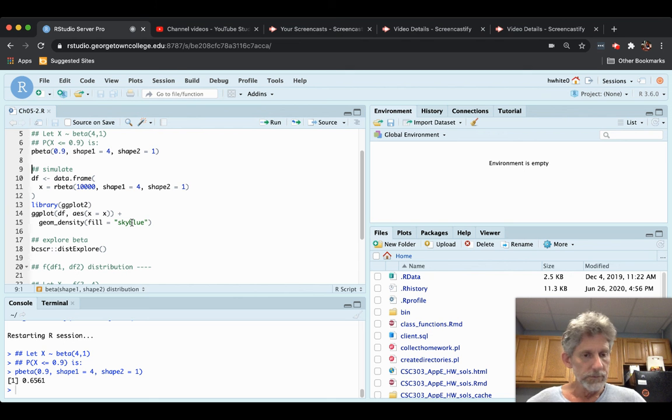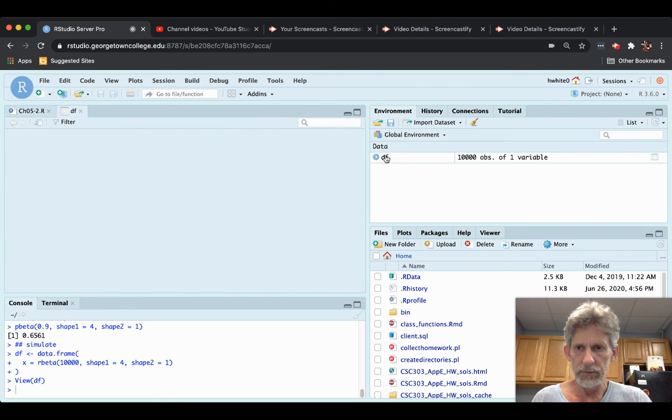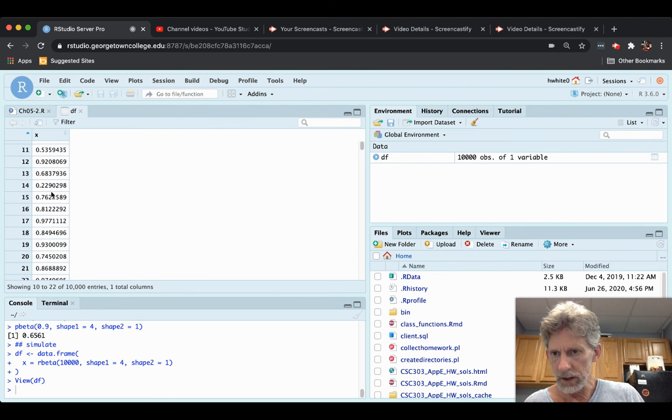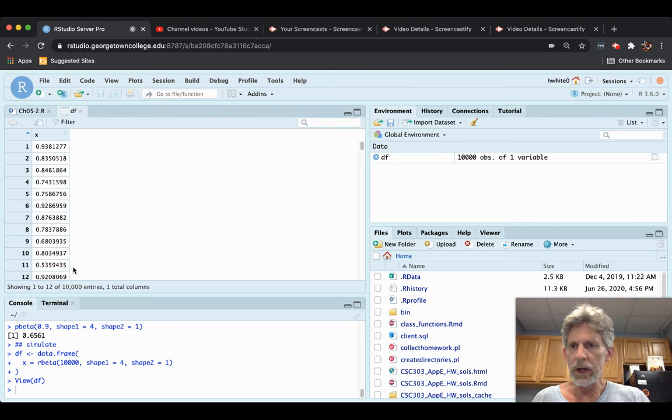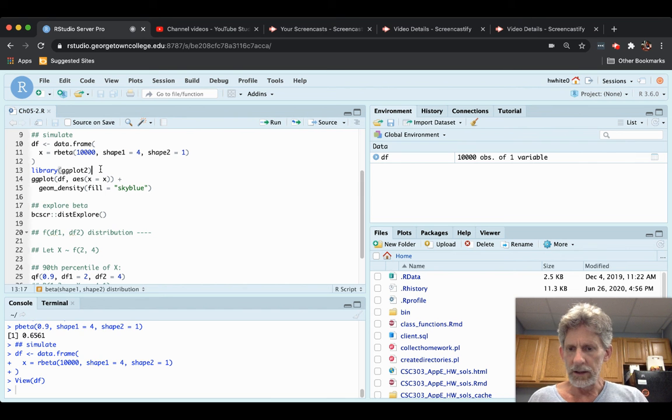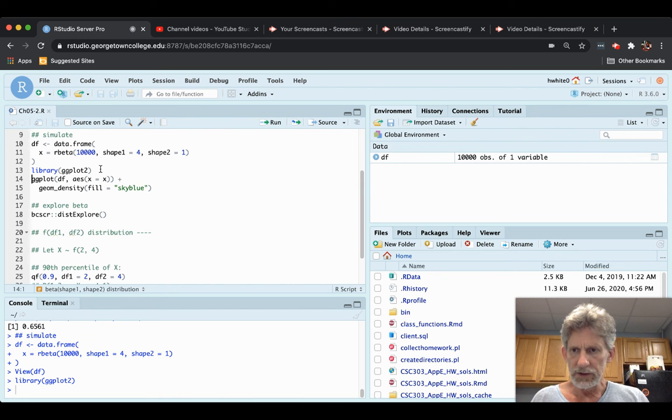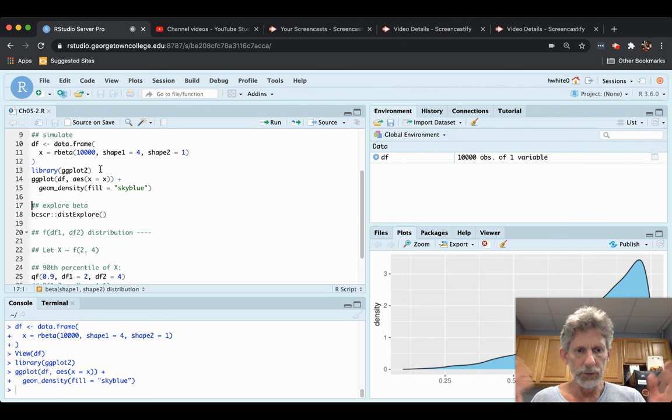You can simulate random betas if you want. Here I'm making a data frame where the only column is 10,000 random betas from this distribution. There it is. Ta-da. They're all between 0 and 1, like betas are supposed to be. And if I load up the ggplot2 package, then I could make a little density plot the usual way.